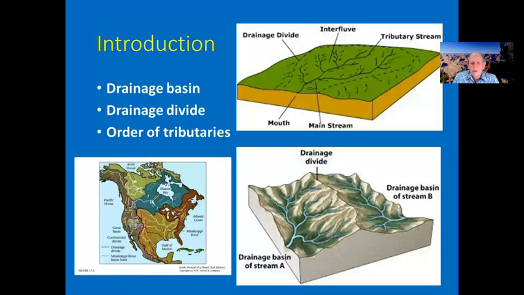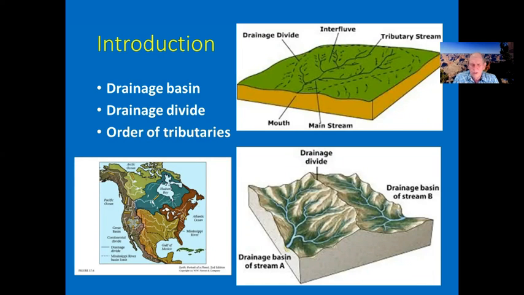The first topic that we need to address is drainage basins. All rivers have a drainage basin, or an area which they drain. The drainage basin is usually divided into smaller and smaller stream channels, and ends up at the high point around the drainage basin.